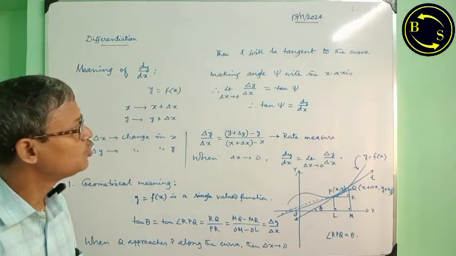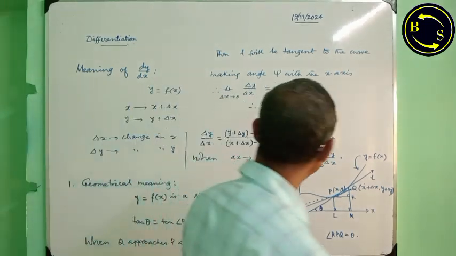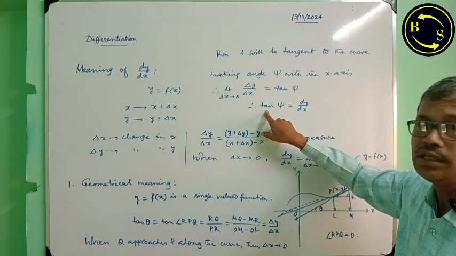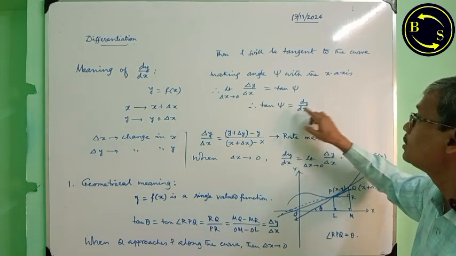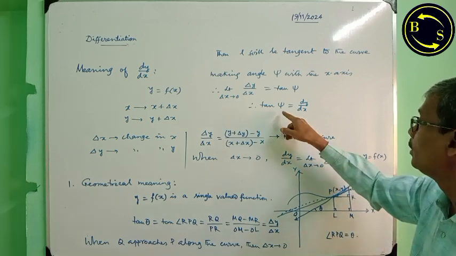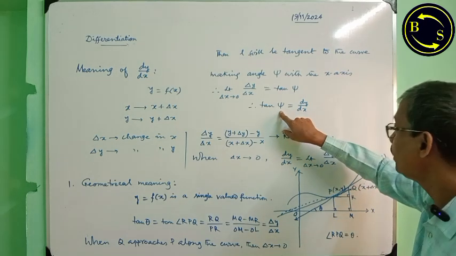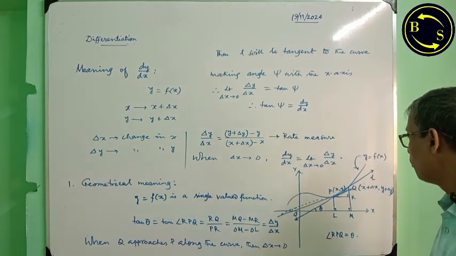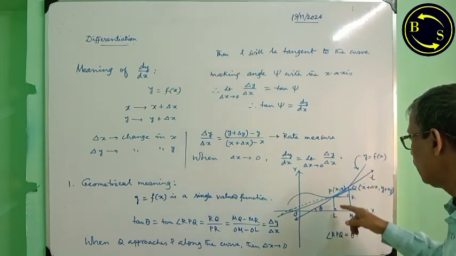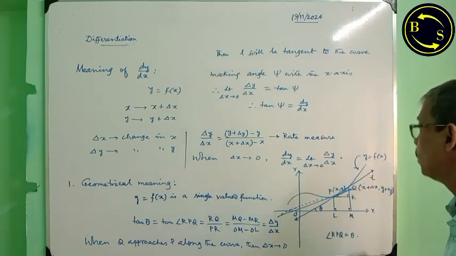Thus we get the geometrical meaning of derivative: dy/dx is equal to tan psi. That means dy/dx is the tangent of angle psi which is made by the tangent to the curve y equal to f(x) at the point P(x, y).